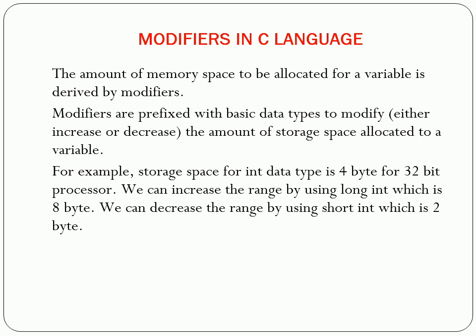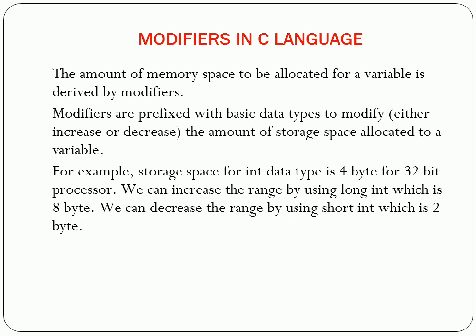For example, if you are storing a value under the integer data type, normally on a 32-bit processor, it takes 4 bytes to store integer data type values. If you want to increase the size of an integer data type value, then you have to use a keyword called long, which acts as a modifier.